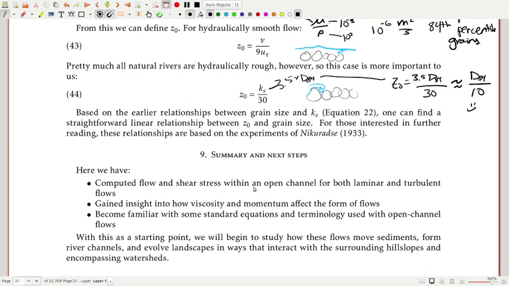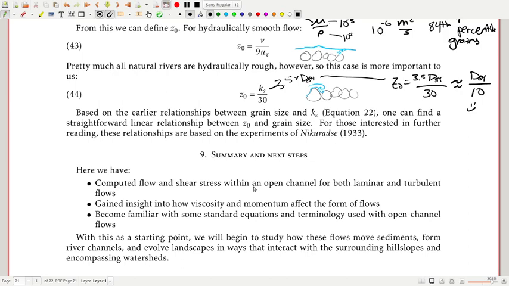So, as a summary of everything in this section that goes beyond just talking about the grain size and the roughness, so far we've computed flow and shear stress within an open channel for both laminar and turbulent flows, hopefully gained some insight into how viscosity and momentum affect the form of flows, and become familiar with some of the standard equations and terminology used with open channel flows.